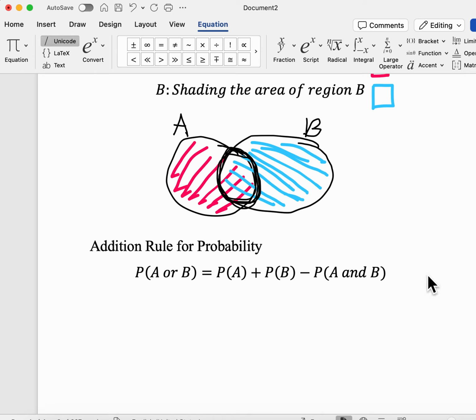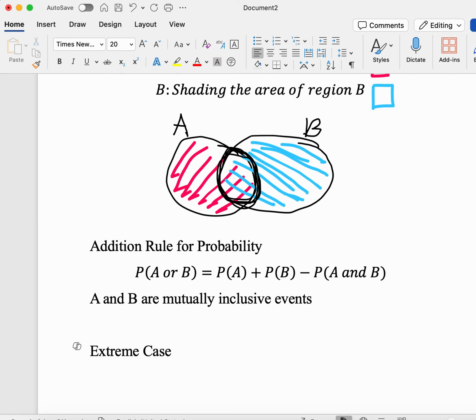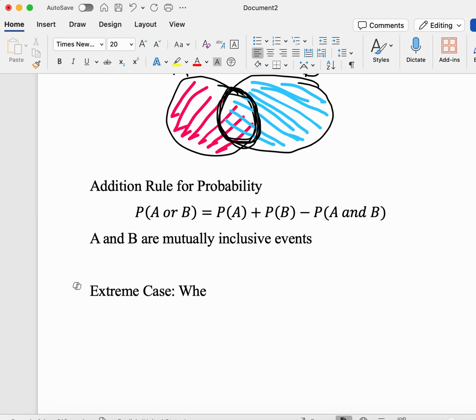Okay, however, there is an extreme case. And in fancy terms, A and B are mutually inclusive events in this setup. There is an extreme case, however, where A and B are mutually exclusive events.